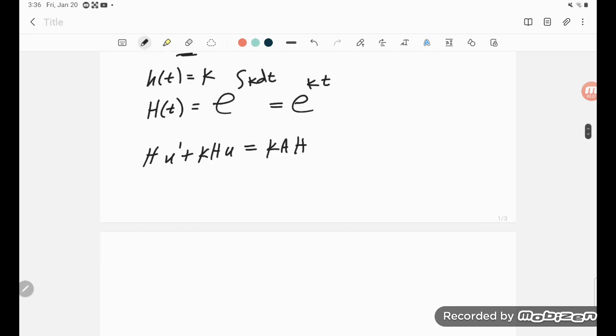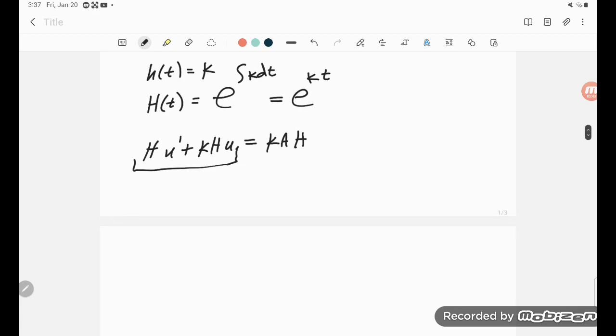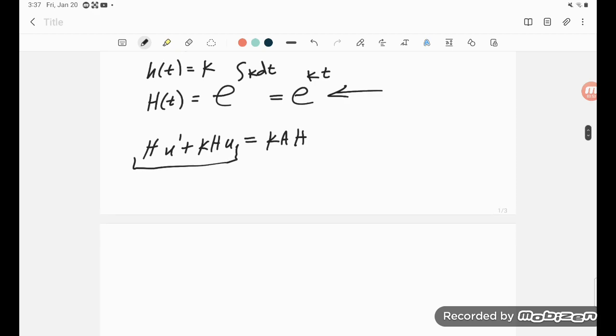The whole idea is, on this side, I'm not going to write out the e to the kt and all that, because when I integrate, this left side, I know that I'll just get u times H. That's the whole point. That is why we did this. We wouldn't do this if that weren't the result. So that is always the result.